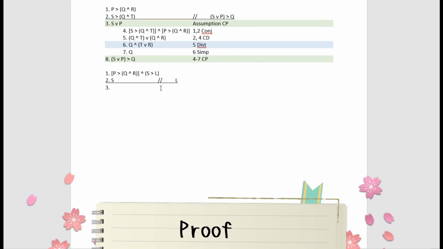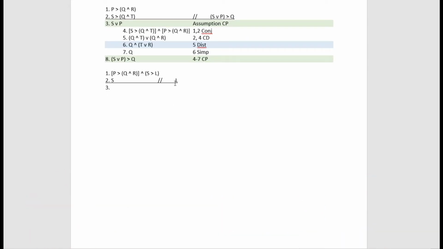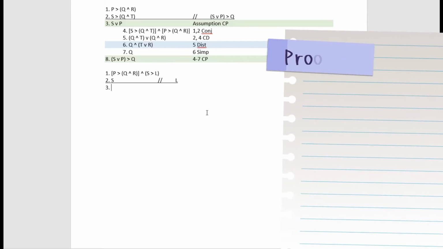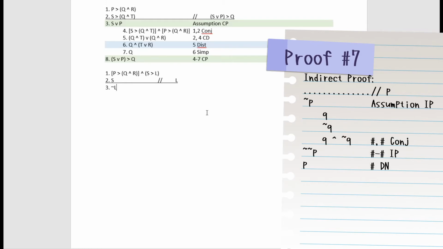All right, now we'll use IP, indirect proof. The reason why I want to use indirect proof on this one is because it is a simple conclusion. The conclusion is just one letter, which means an assumption for IP would be really easy. You do negation, and then you do whatever the conclusion is. If the conclusion has negations in the front, you still just put a negation right here, and then put whatever it was exactly the way it is right there.